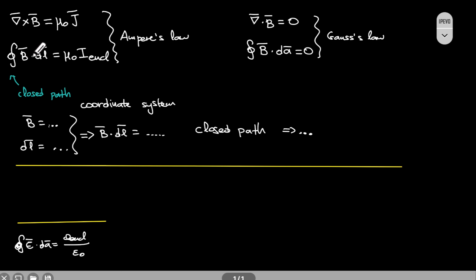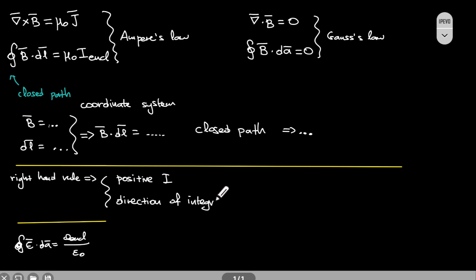Now, whenever you apply Ampere's law in the integral form, you will have to use the right hand rule to specify what is a positive current, and also with the right hand rule you will specify the direction of integration for the closed path. And I will show you some examples of what I mean with that.